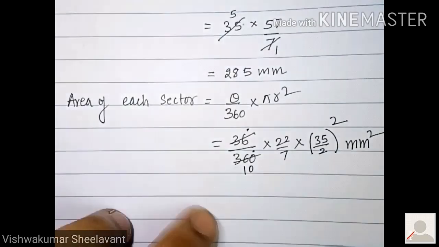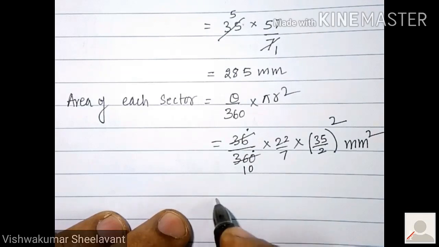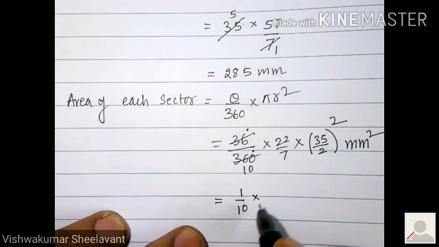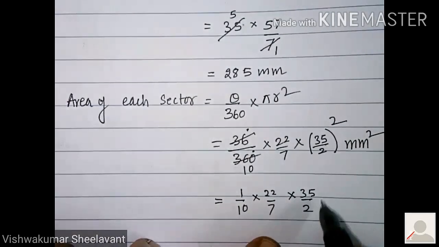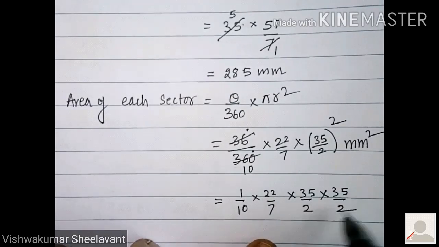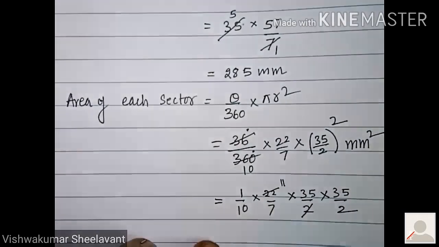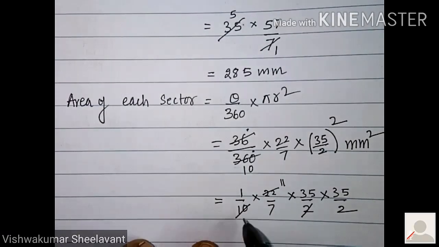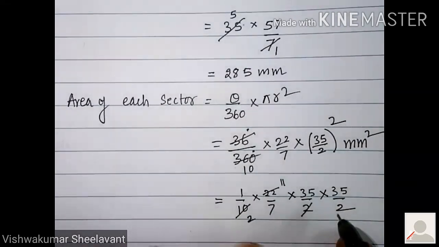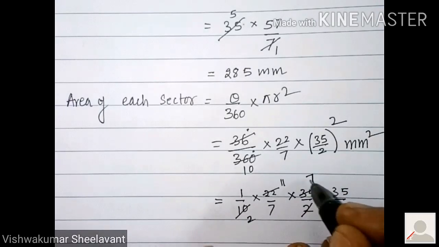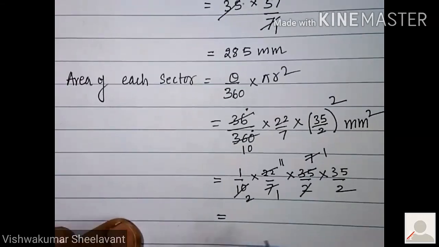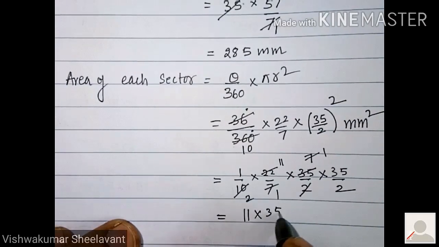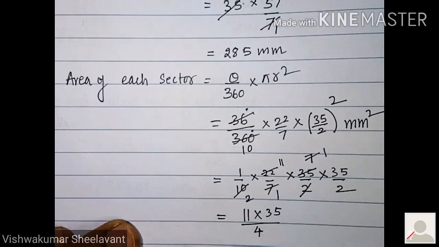One ja 10 ja. 1 by 10 into 22 by 7 into 35 by 2 into 35 by 2. 2 1 ja, 2 11 ja. 5 2 ja. 5 7 ja, 7 1 ja, 7 1 ja. So we'll have 11 into 35 divided by 4.